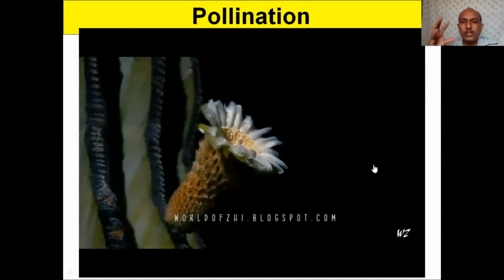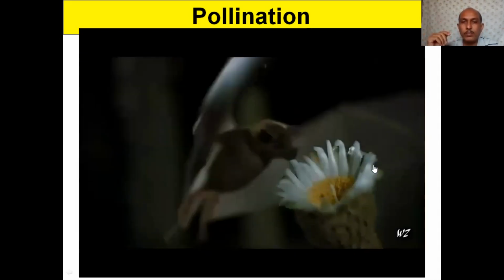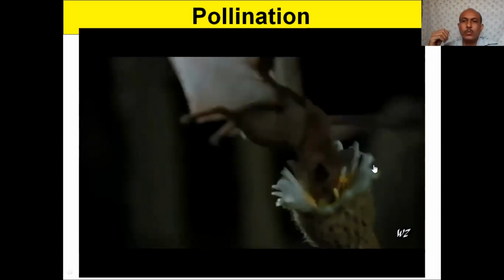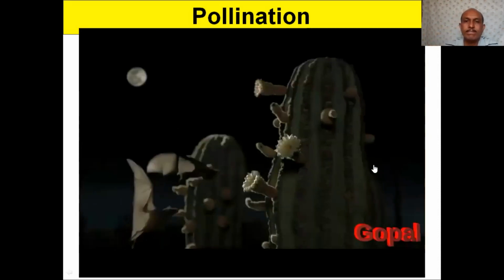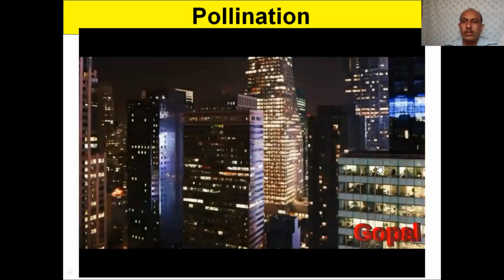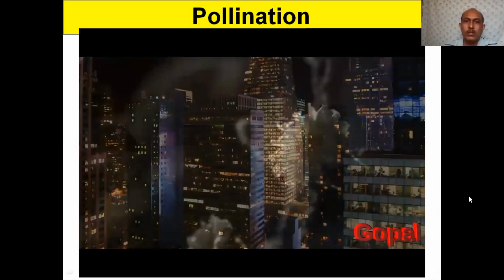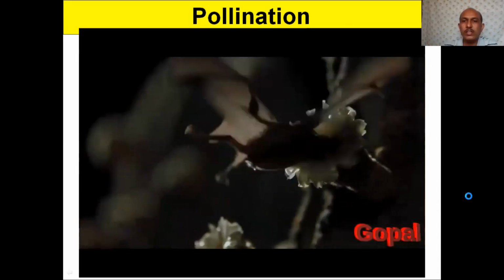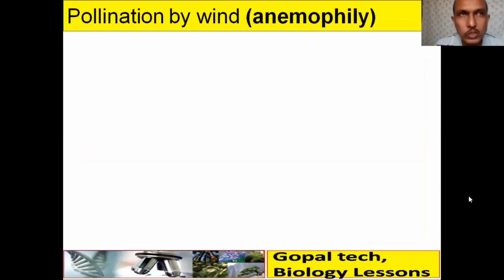Now here you can see during the night, bat pollination. The bat also does pollination. So they will collect, see the flower nature. Okay. Now we will discuss one by one.